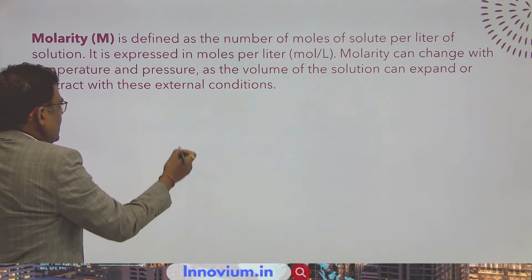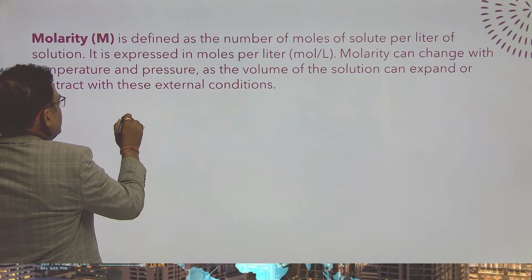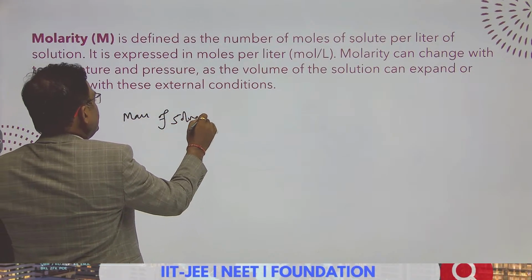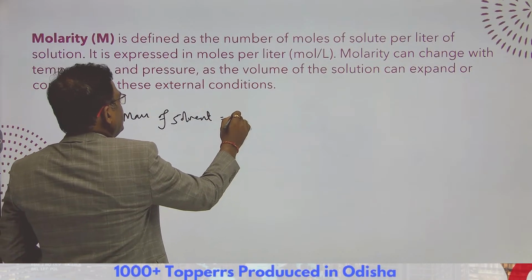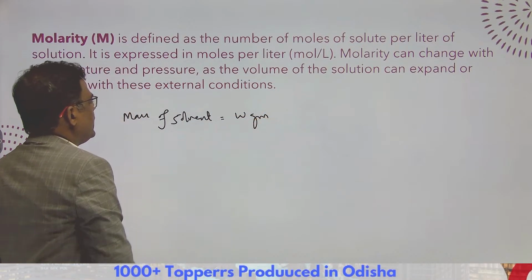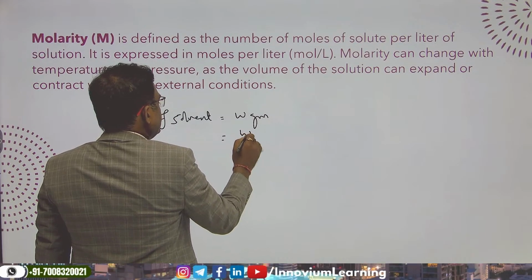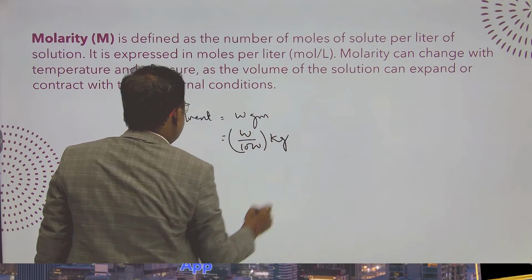Suppose the mass of solvent is equal to W gram. Then how much is it in kg? That is W by 1000 kg.